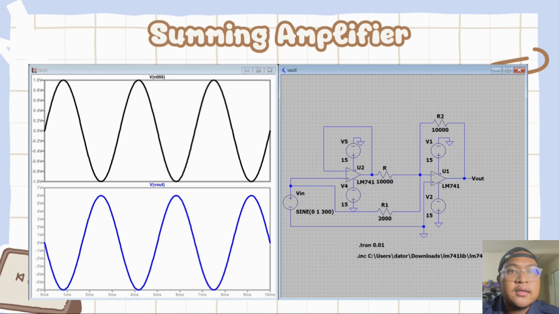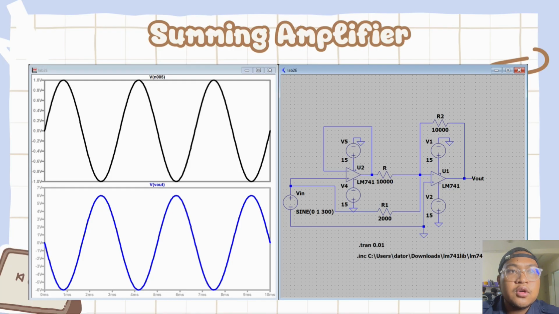The result and analysis: the simulation results showed good agreement with our theoretical expectation. For the inverting amplifier, the expected gain was Av = -R2/R1 = -10, and the observed output peak closely matched this.